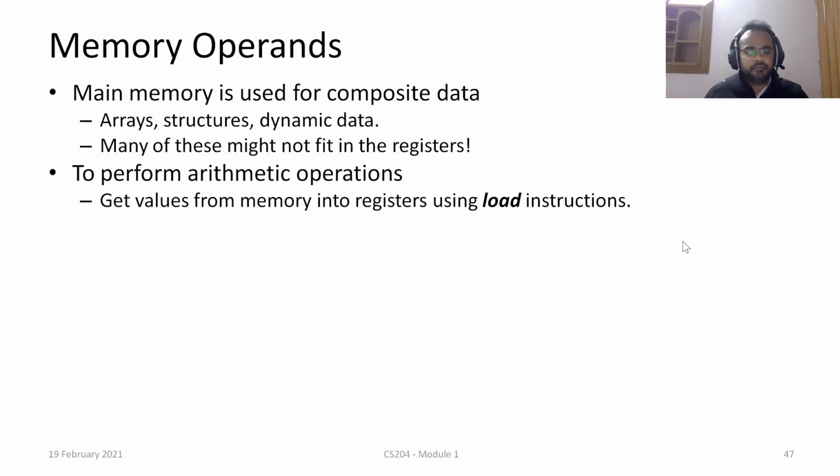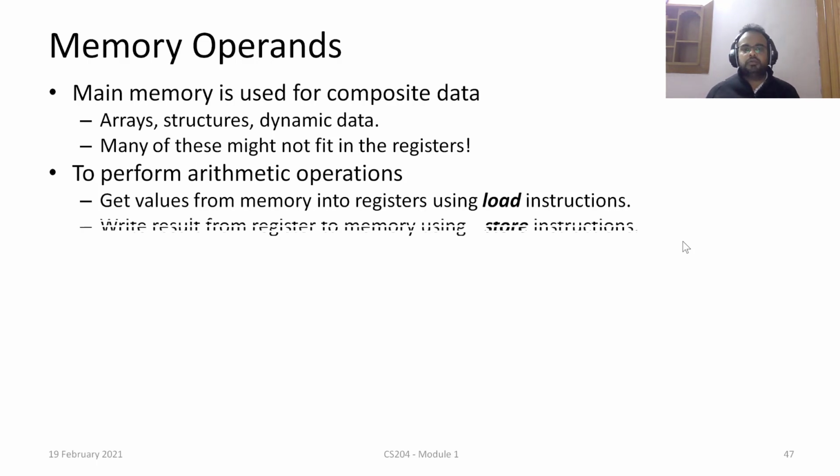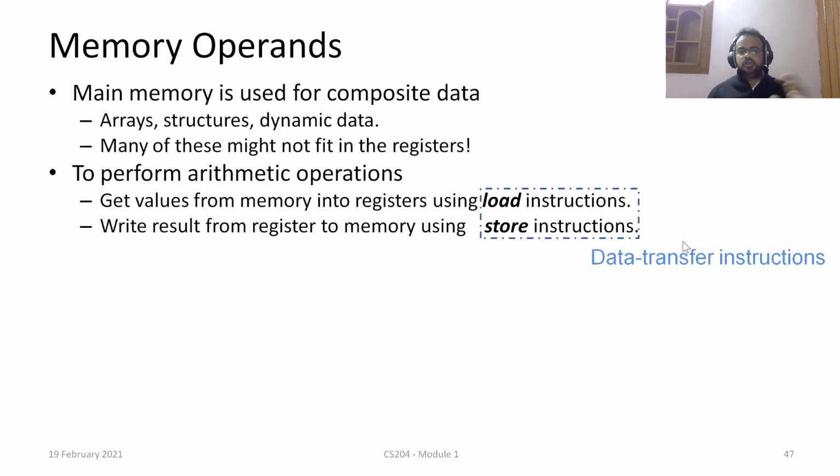Now when we are done using the data, or we want to store the data that has been the result of an operation, we use what are called store instructions. Store instructions take the value from some register and write it to a memory location, right? So these load and store instructions together are called data transfer instructions.